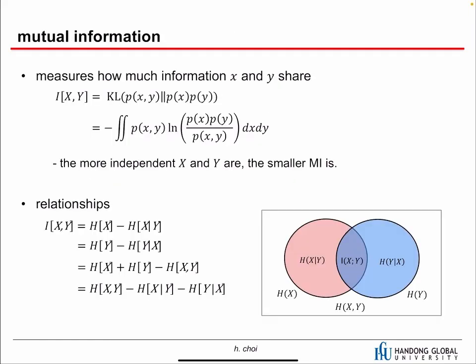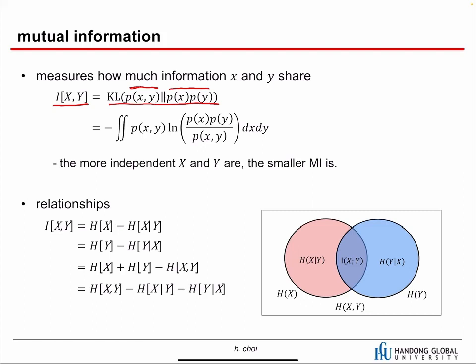And in this slide, we're going to talk about mutual information, which is the amount of information that both X and Y have. Or we can say it measures how much information X and Y share. So mutual information of X and Y can be defined by this. Look at this one. This is actually the divergence between these two distributions, P(X,Y) and P(X) times P(Y).